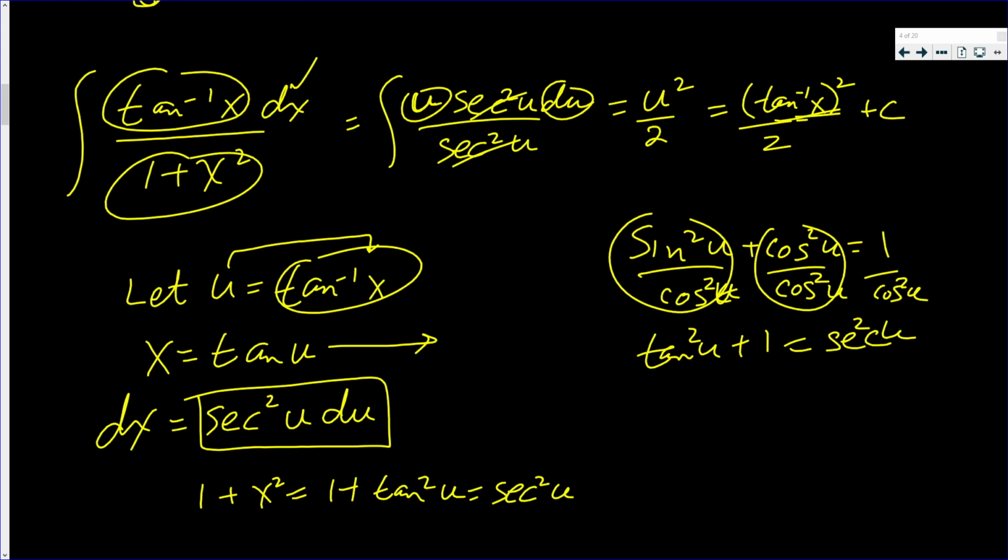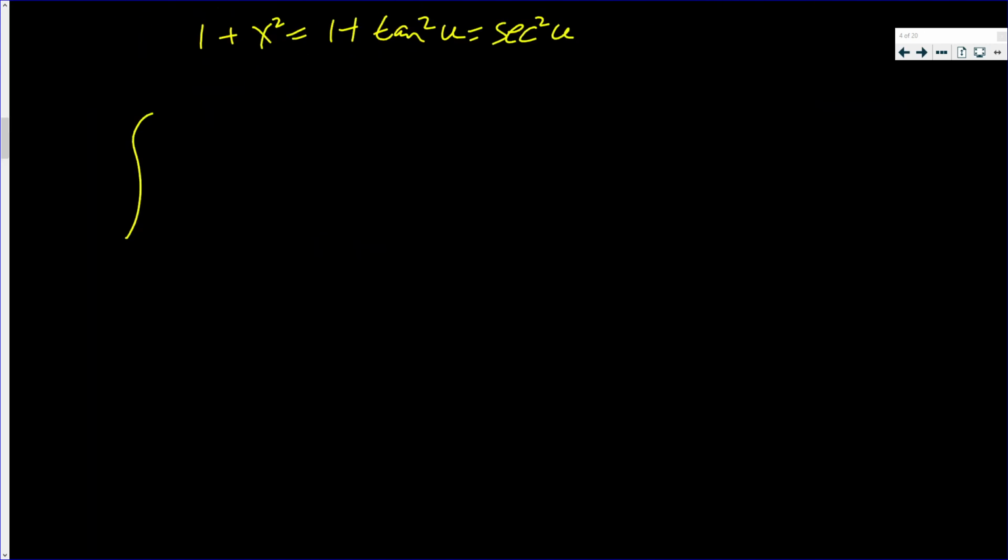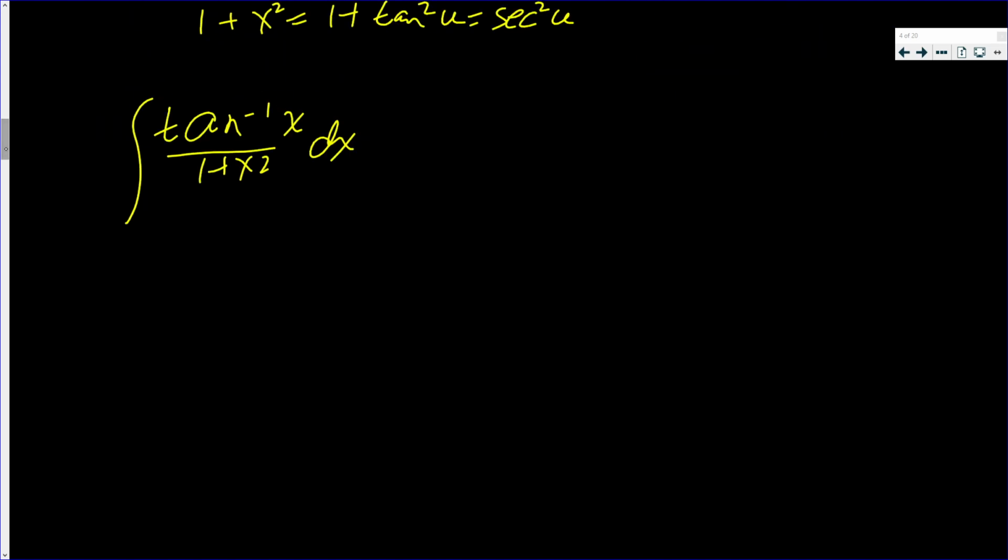Another way of doing the problem, well, first let's write it down. The tan inverse of x divided by 1 plus x squared dx. So what we can try is the following: make a trig substitution. That means make a triangle.